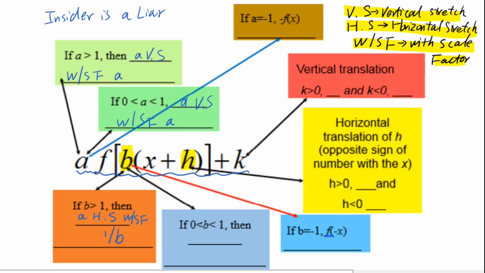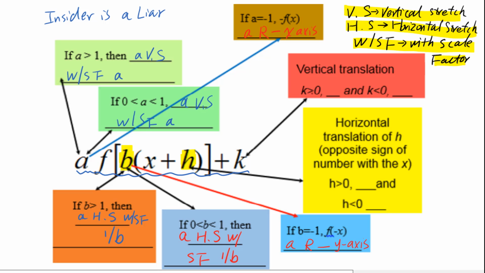If b is greater than 0 and less than 1, then a horizontal stretch with a scale factor 1 over b. If a equals -1, we will have negative f of x, a reflection in the x-axis. If b equals -1, we will have f of -x, a reflection in the y-axis.